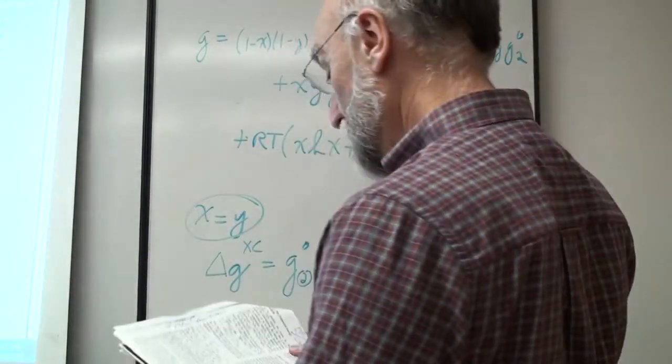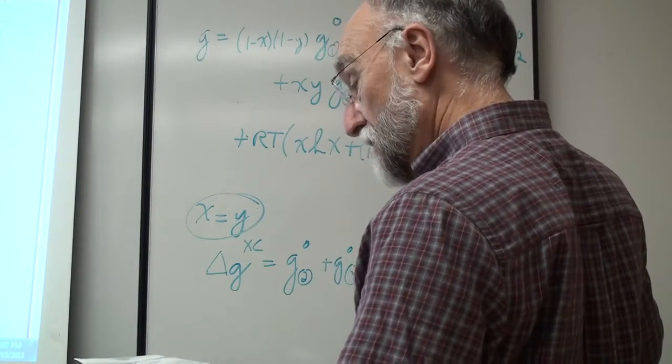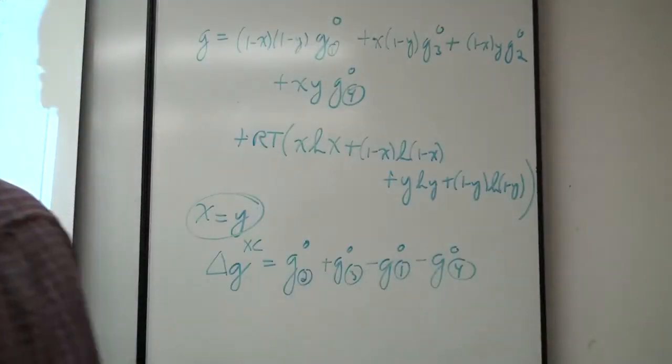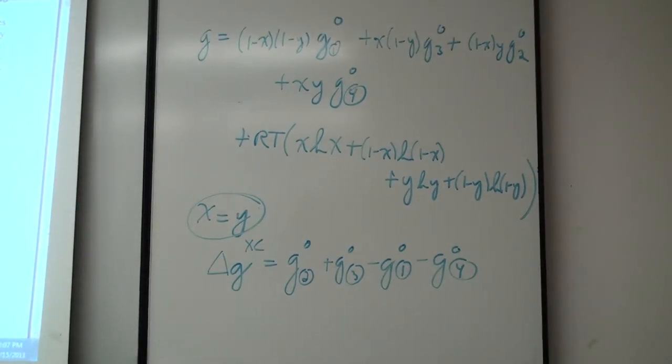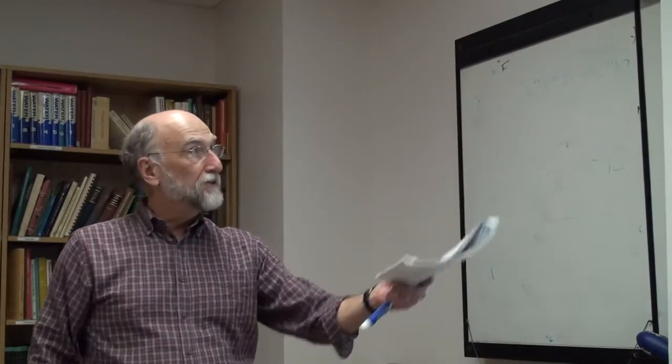If we then do all the substitution, and I'll let you play with this yourself, x equals y, the exchange Gibbs energy is equal to this. When you make the substitutions and simplify that down, it's very simple. Making the substitution x equals y, and making the substitution for delta G exchange, put it back into that expression.